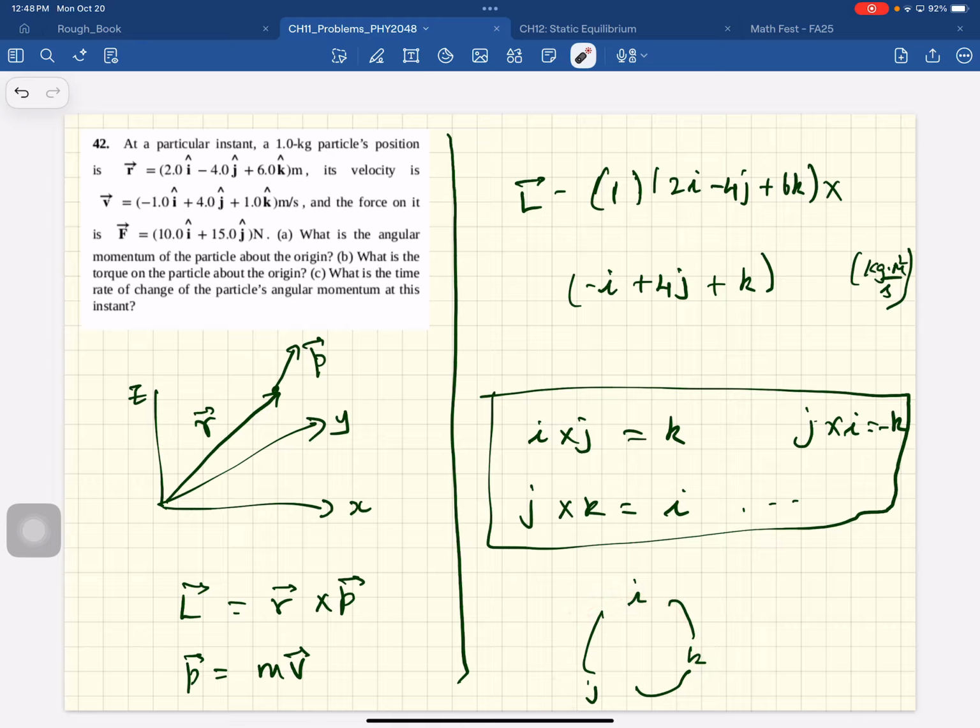If you go in the opposite direction, you get negative signs. i cross k is minus j, and so on.